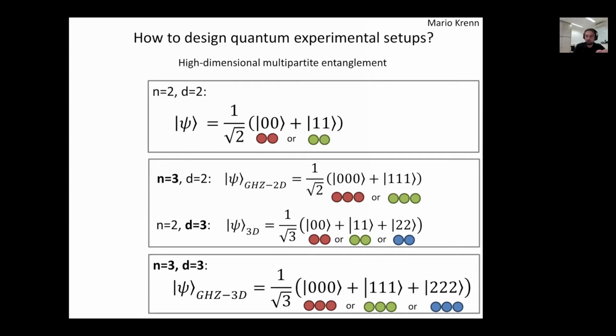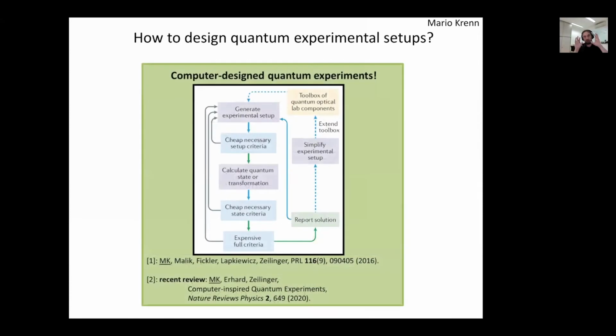And the idea of the computer algorithm that I came up with was the following. We start with a toolbox that has all the optical elements that we have in our lab. And in the beginning, we arrange those elements in a random way. Then we calculate a number of properties of the setup and of the state that are easy to compute and that we can use as cheap criteria, such that we can reject a number of states immediately before we compute the more expensive criteria.